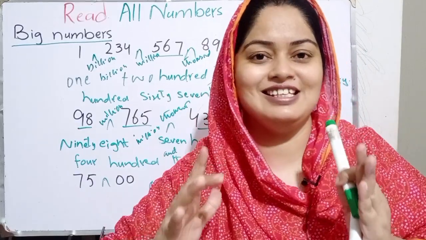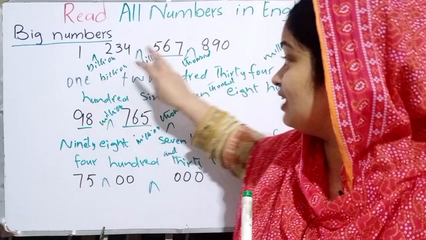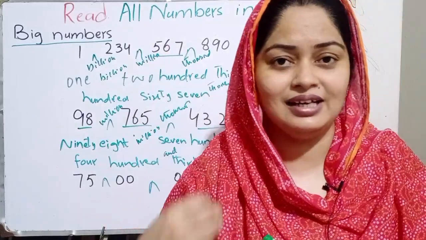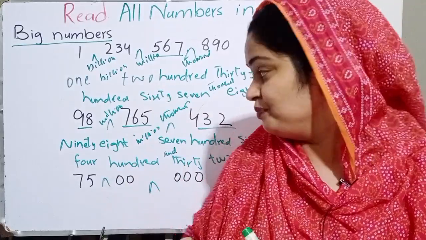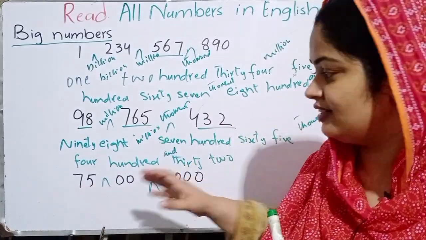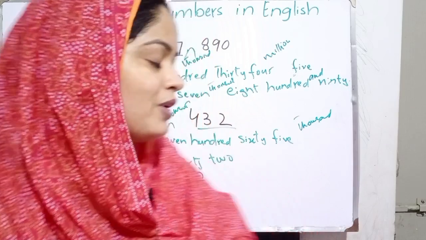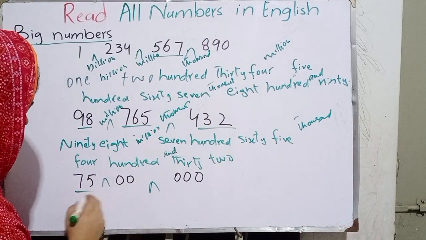How easy it is. If there are three gaps, one is billion, second is million, and the third one is thousand. Again we have to read it. We just have to understand how you would pronounce it.